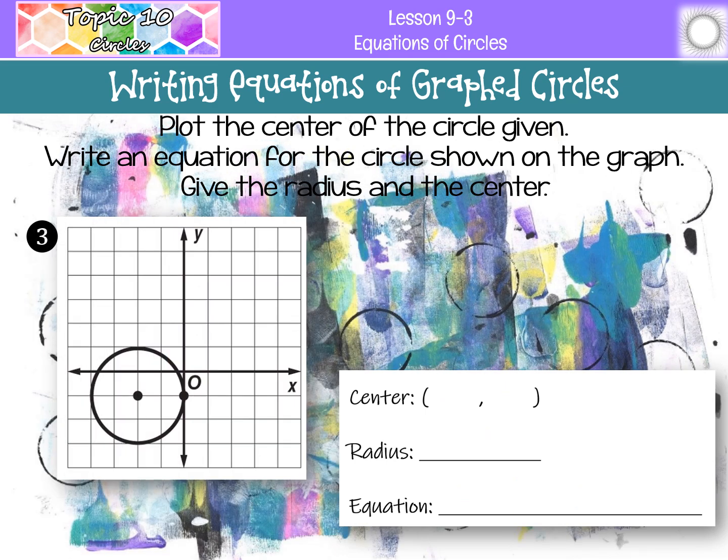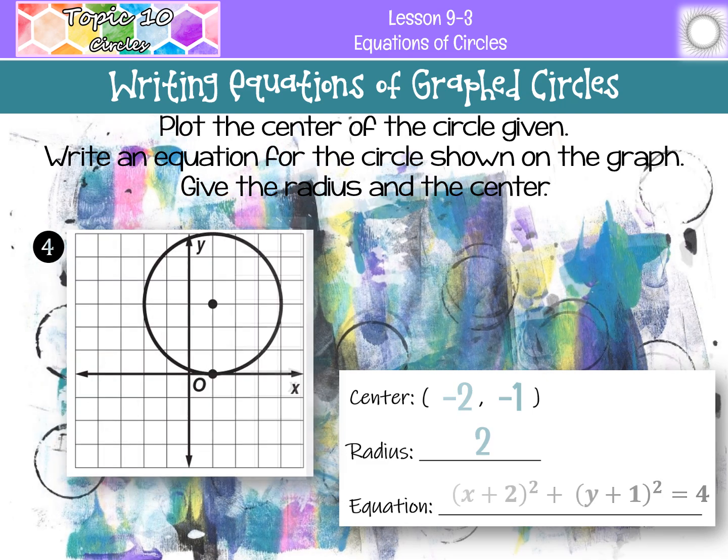Number 3. Already have the center graphed this time. It is at -2, -1. Radius is going to be 2. So write our equation, quantity x plus 2 squared plus the quantity y plus 1 squared equals 4.